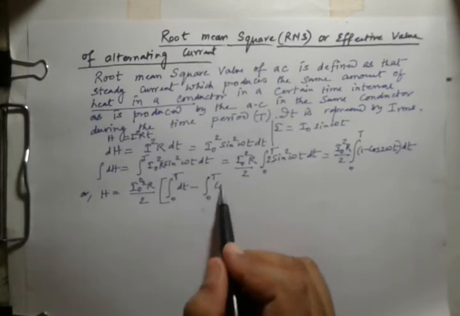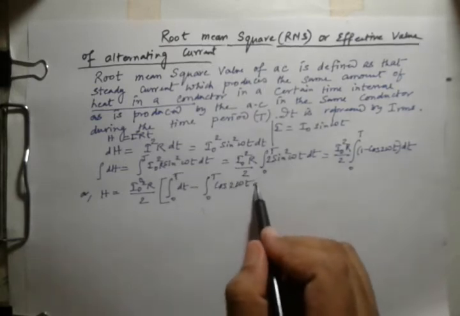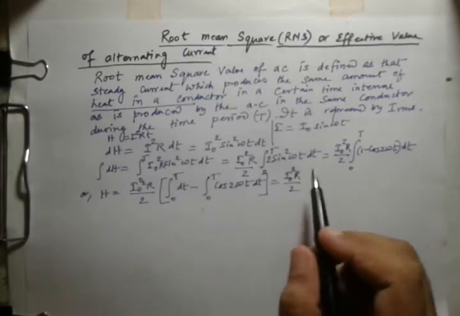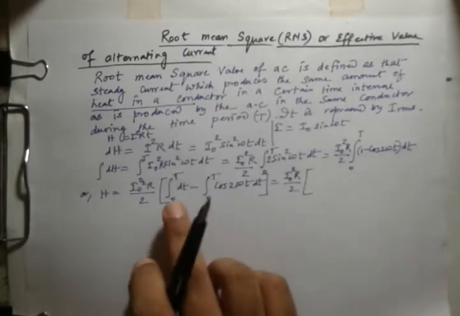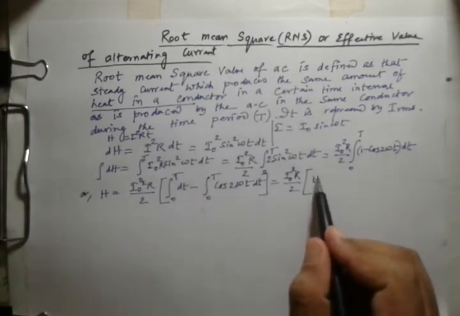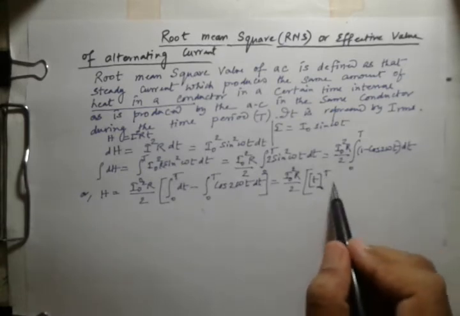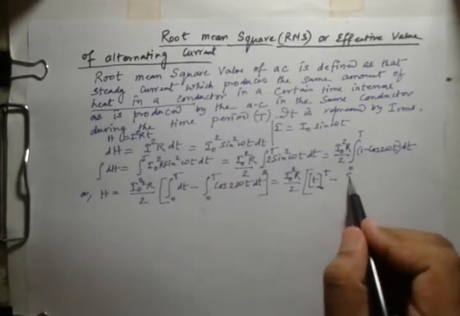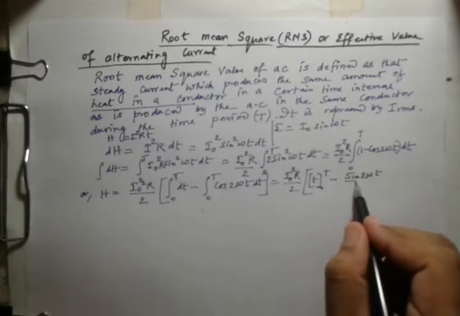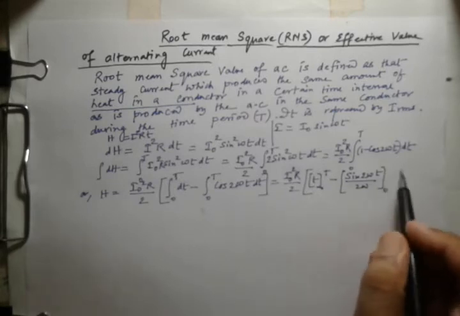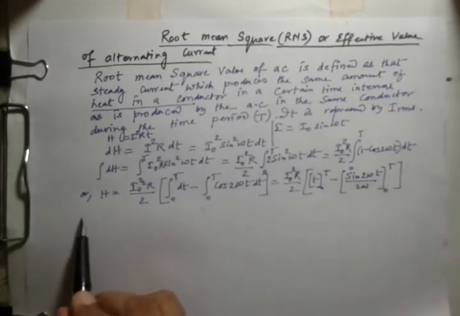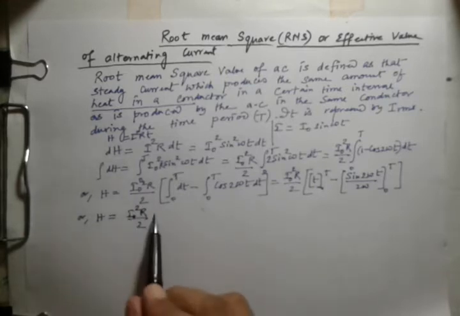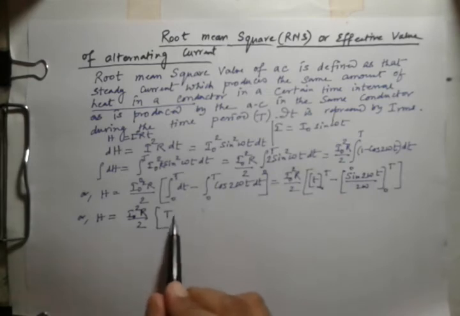Integration of this one is t, and this one is sine 2 omega t by 2 omega, 0 to T. So H is equal to I naught square R by 2, and then you can write T minus 0, that means T minus this one.